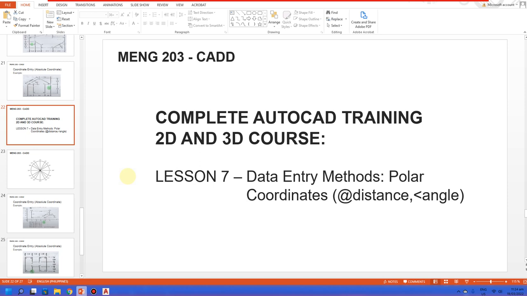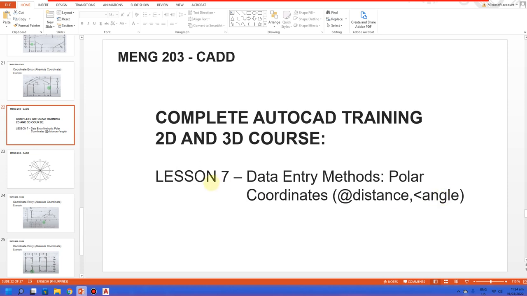Okay. So the method of using polar coordinates is by typing the at symbol, then the distance, and the angle symbol, and the number of the angle.